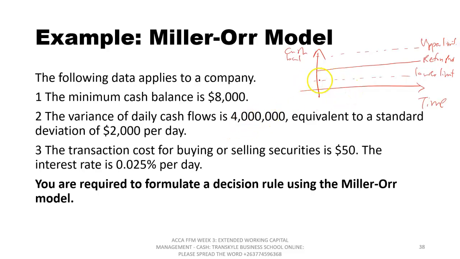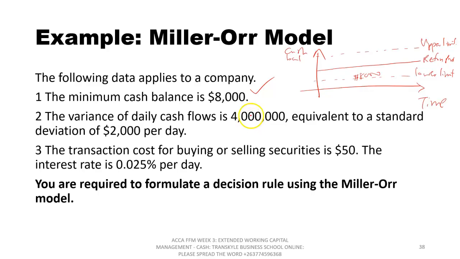So here we are given the 8,000, which was the lower limit from the question. Now, if we are having the lower limit, how do we know the upper limit?